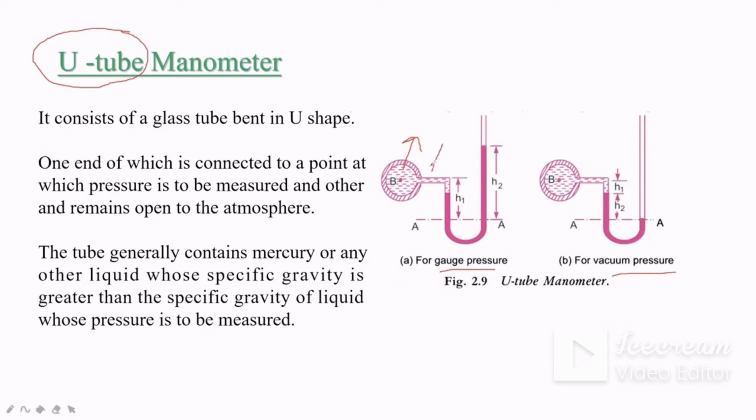We have to connect this U-shape tube to this system. One end of which is connected to a point, here point B, at which pressure is to be measured, and the other end remains open to the atmosphere.